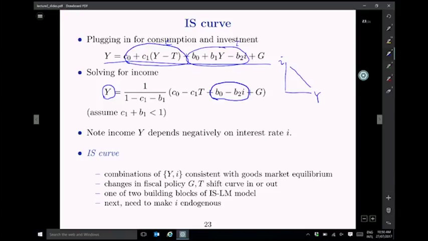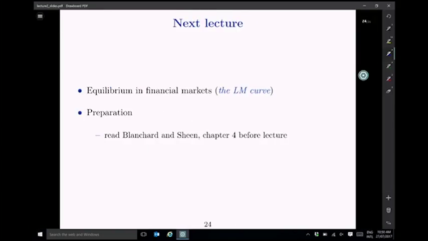It is downward sloping, right, with a negative slope here. So this is the first building block of the IS-LM model, the IS curve. It tells us the combinations of output and interest rate that give rise to equilibrium in the goods market. And in particular, there is a negative correlation between output and interest rate. Next week, we'll look at equilibrium in the financial market, which gives us the LM curve.